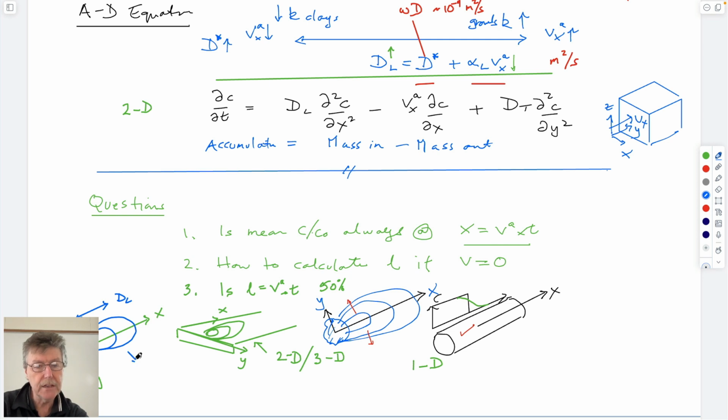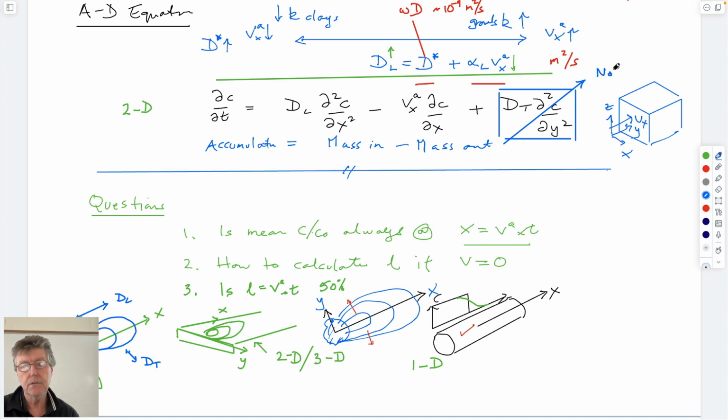This widening of the plume as you go downstream is due to the transverse dispersion existing here. If it's a one-dimensional problem, then this term would drop out and we only have the other two left. So this would drop out if we're only dealing with a 1D problem. And it's slightly simpler.